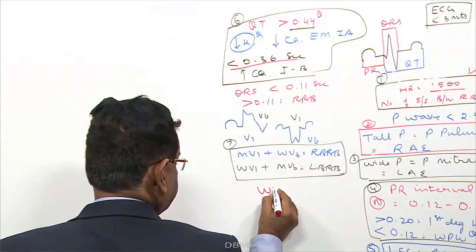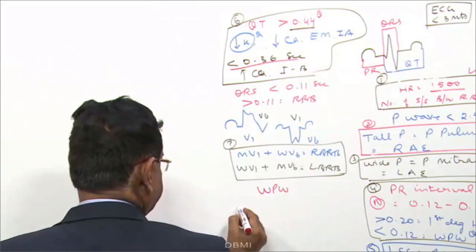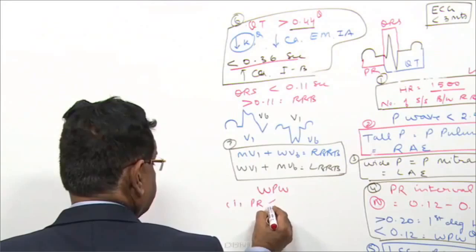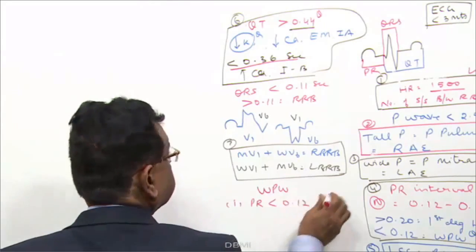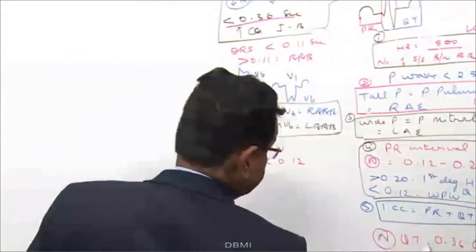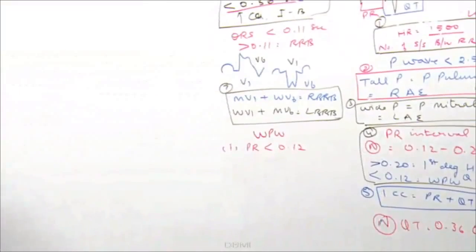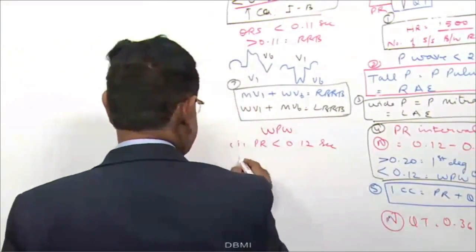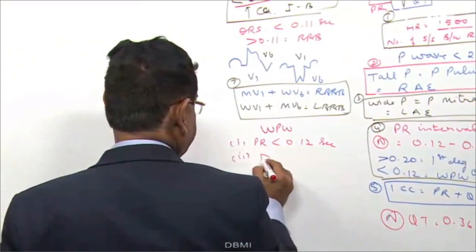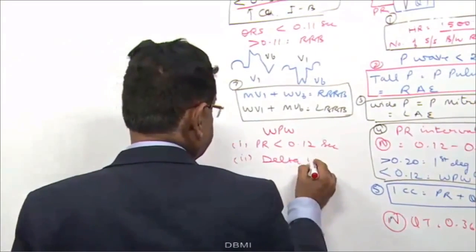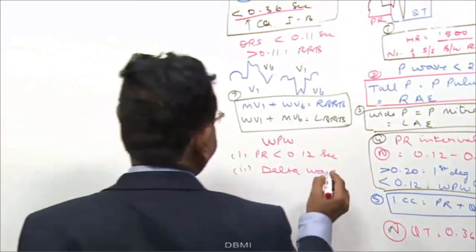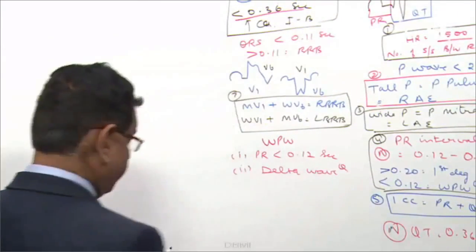What we know about WPW is that PR interval is less than 0.12 second, which we have already read. What else is there? You get delta wave. This is a very frequently asked question.